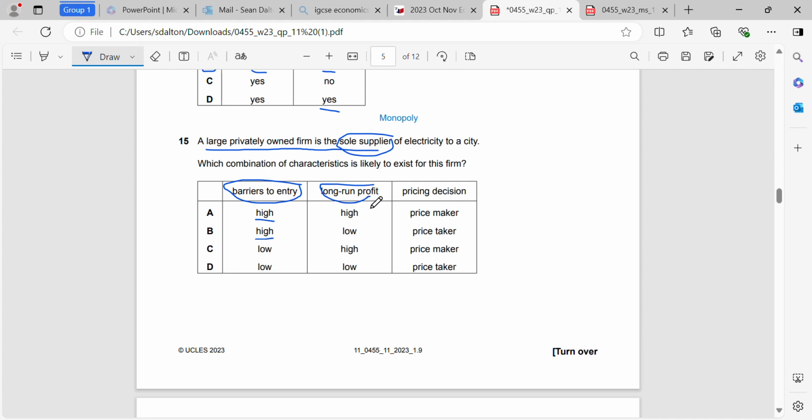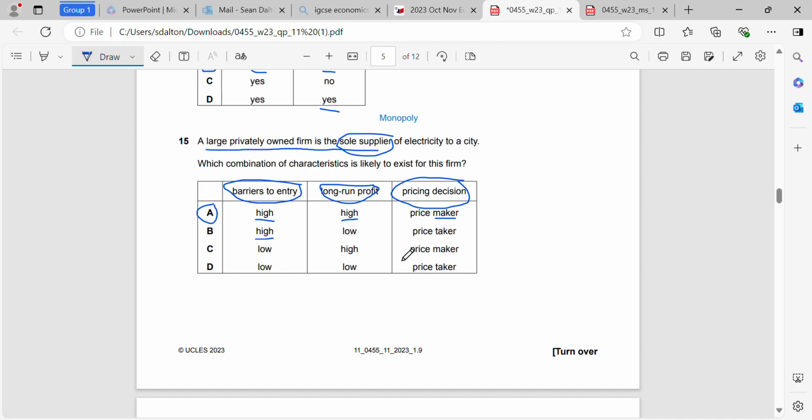We know that the long run profit would have to be high because they're the sole supplier, so for them to exist in the long run they'll have to be making high profits. And as pricing decisions, they will be the price maker, not the taker. Because they're the sole supplier, they get to choose what price is set in that market. Be a price taker if it's a competitive industry, for example.